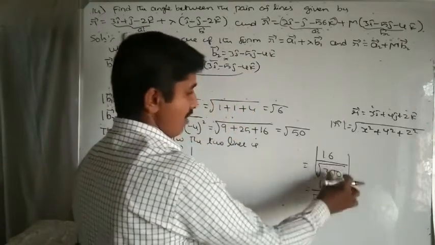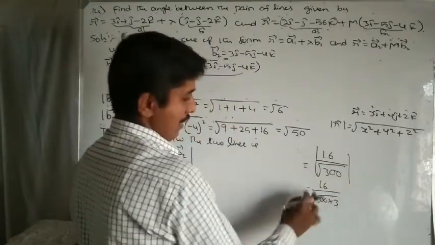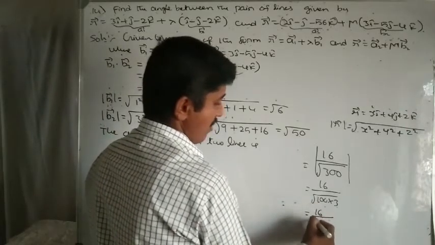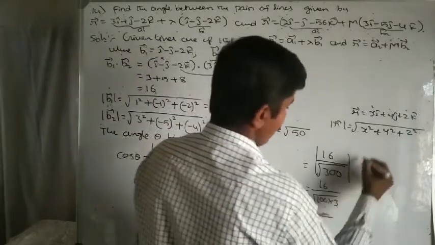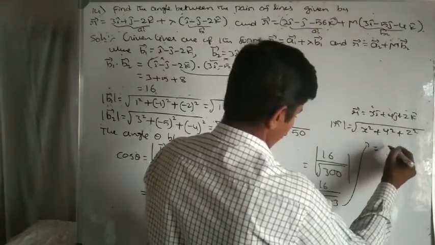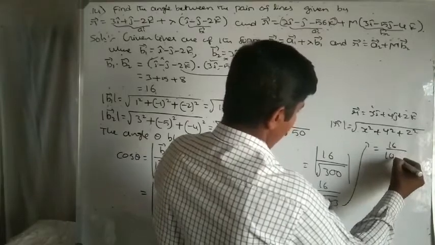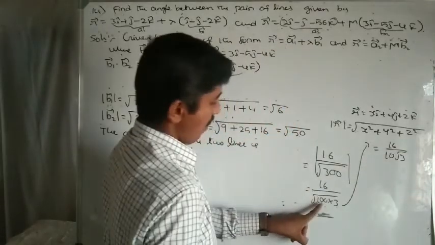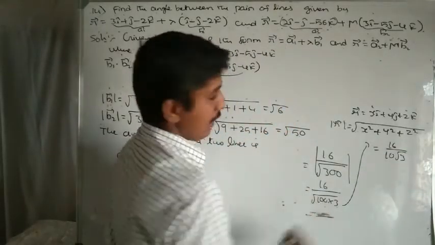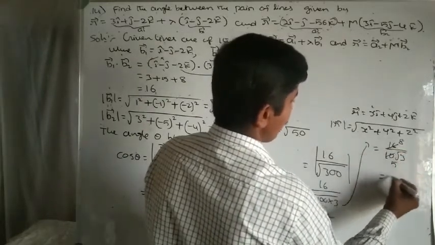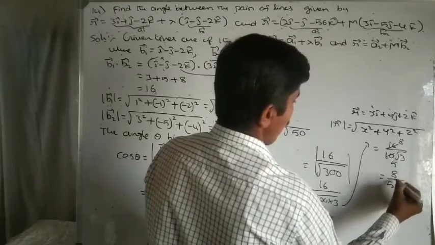If this is positive, remove the modulus. The root of 100 is 10, and 16 by 10 root 3 reduces, since 2 eights are 16 and 2 fives are 10, to 8 divided by 5 root 3.